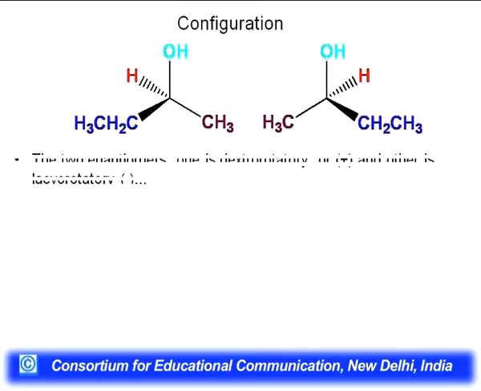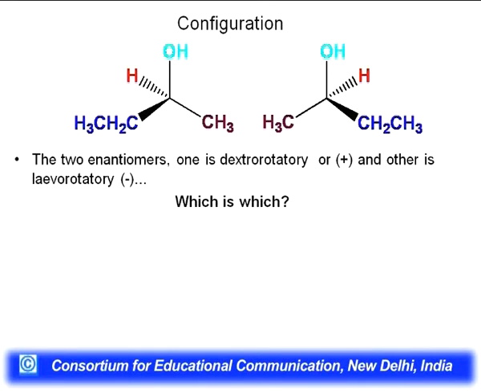Now, of the 2 enantiomers, one is dextrorotatory, which is plus 2-butanol, and the other is levorotatory, minus 2-butanol. The question is, which is which? I have 2 isomers written here in a mirror image relationship.